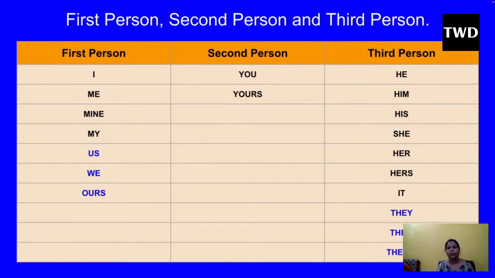Then we go to the third person pronouns. The singular third person pronouns are he, him, his, she, her, hers, it. It is used both for animals as well as things. And the plural third person pronouns are they, them, theirs. You have to be very clear with this because our verbs will change according to the pronouns we use in our sentence.